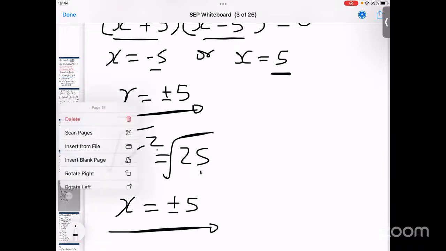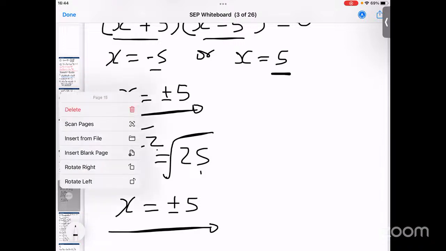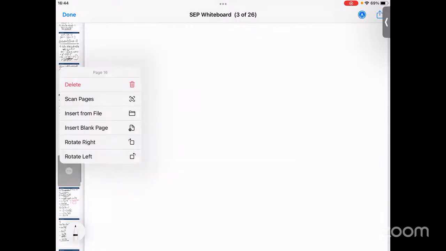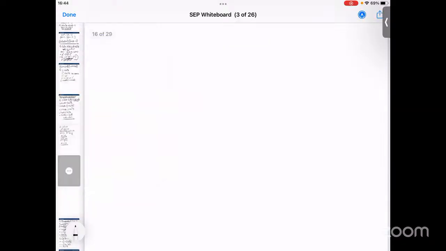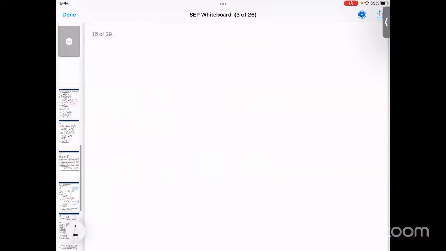Maybe let me give you one more problem. Why am I doing that? It's so that when we get to solving this type of equations, but this time around we are going to be specific and say by completing the square, at least you've got an idea of where we are coming from and where we are headed to.